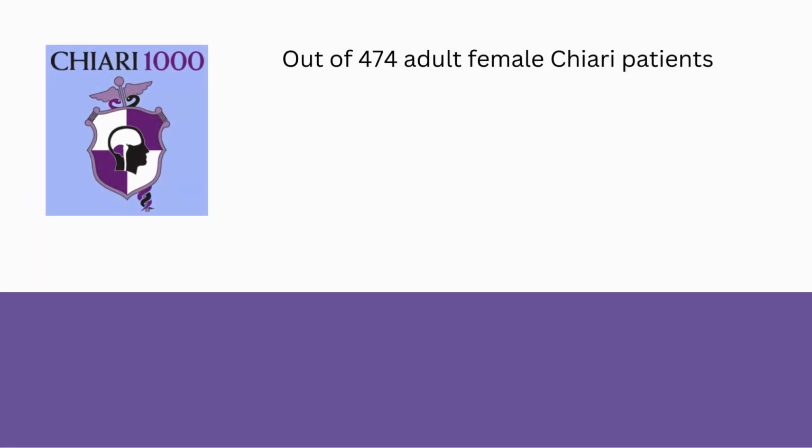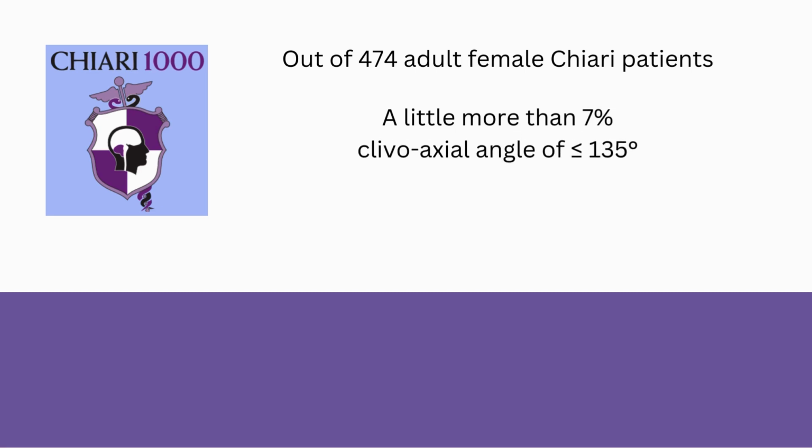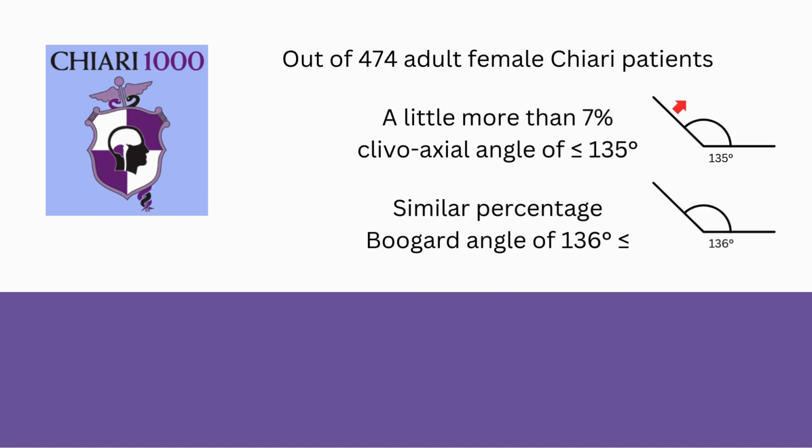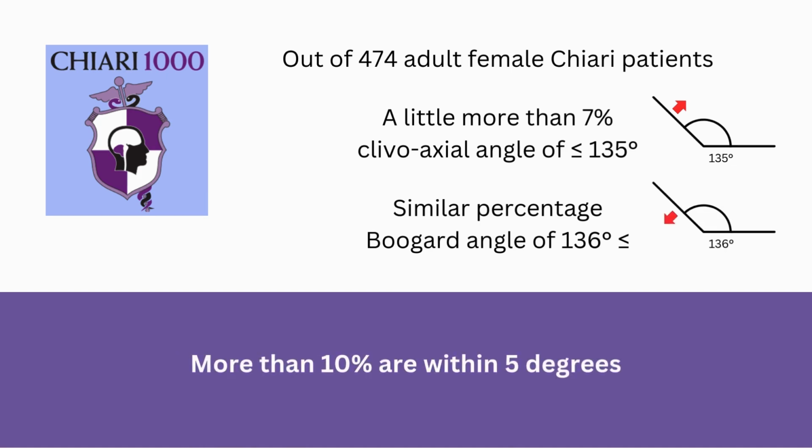In fact, data from the Chiari 1000 indicates that out of 474 adult female Chiari patients, a little more than 7% have a clivo-axial angle of 135 degrees or less, and a similar percentage have a Bugard angle of 136 degrees or more. In addition, more than 10% are within 5 degrees of these somewhat arbitrary thresholds.